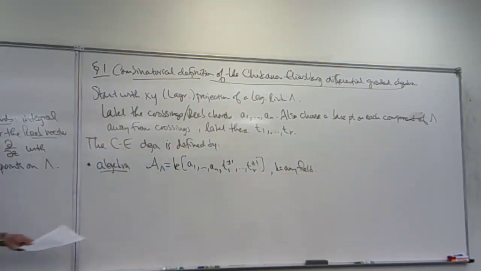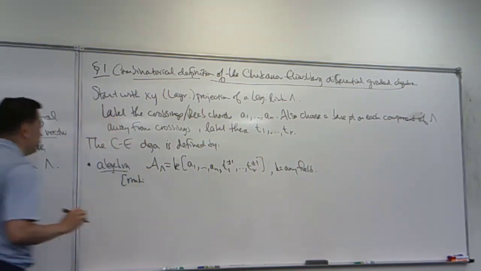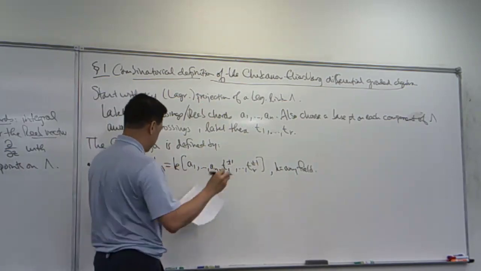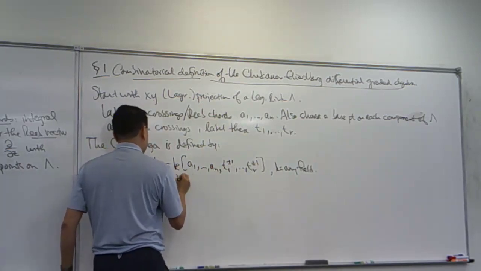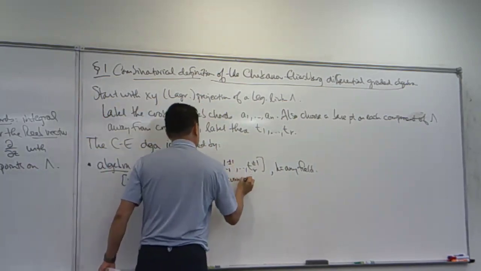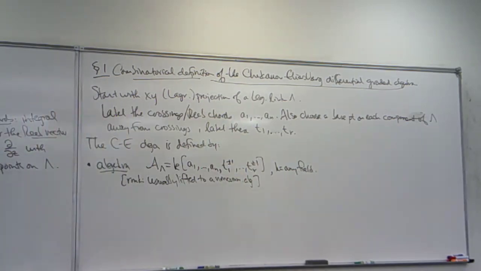Usually one does this and does not allow things to commute, so usually it's a non-commutative algebra. But for the purposes of what we're going to be doing this week, it's fine to allow everything to commute, so I don't have to worry about orderings.